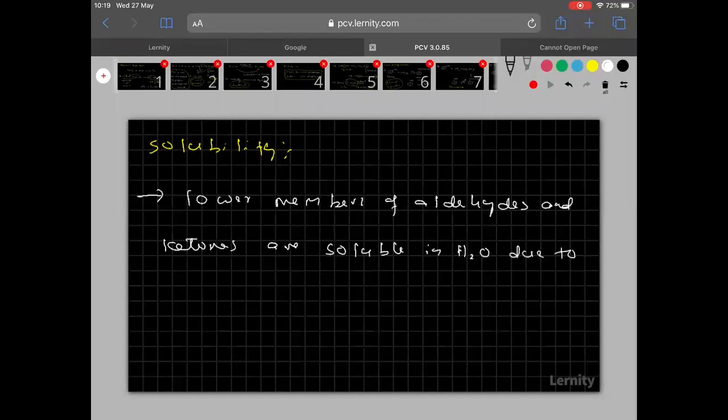Hydrogen bonding. Is it clear? So lower members are soluble in water because of hydrogen bonding.